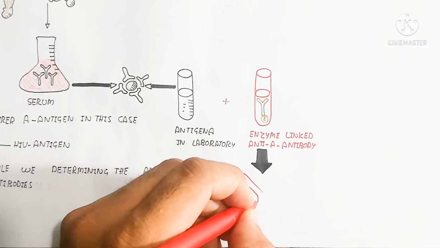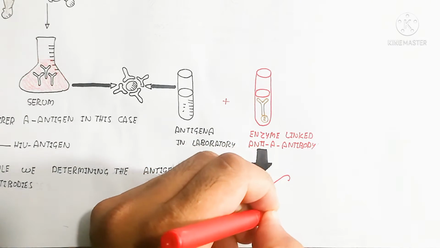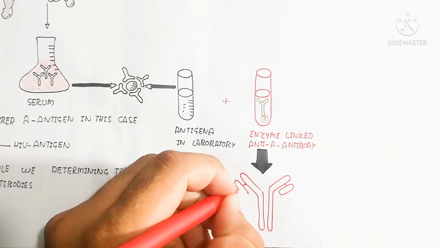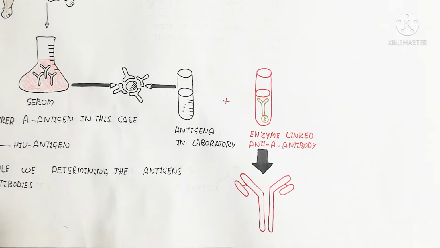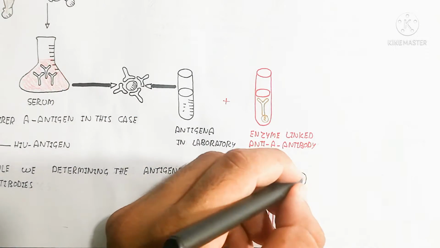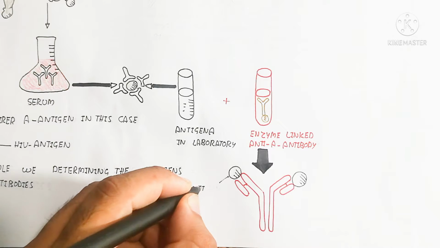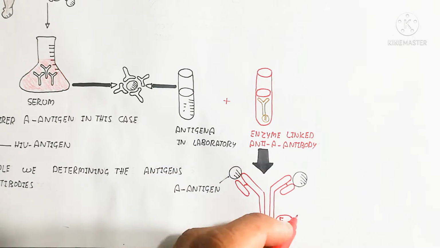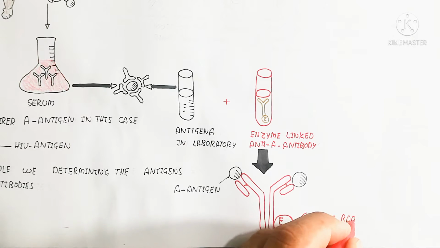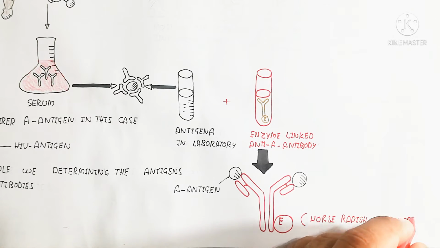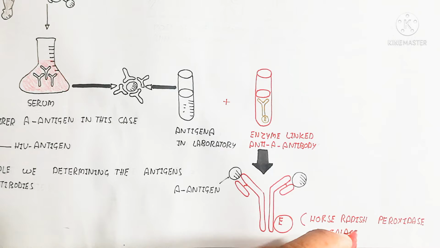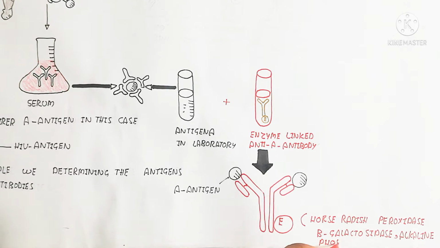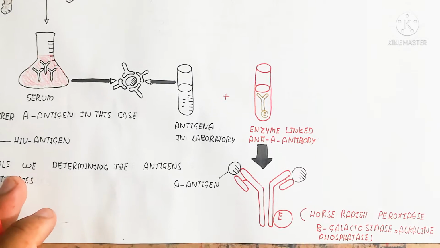This enzyme linked antibody looks like this, with an antigen attached at the attachment region, and the Fc portion of this antibody is enzyme linked. The enzyme can be horseradish peroxidase, beta galactosidase or alkaline phosphatase.